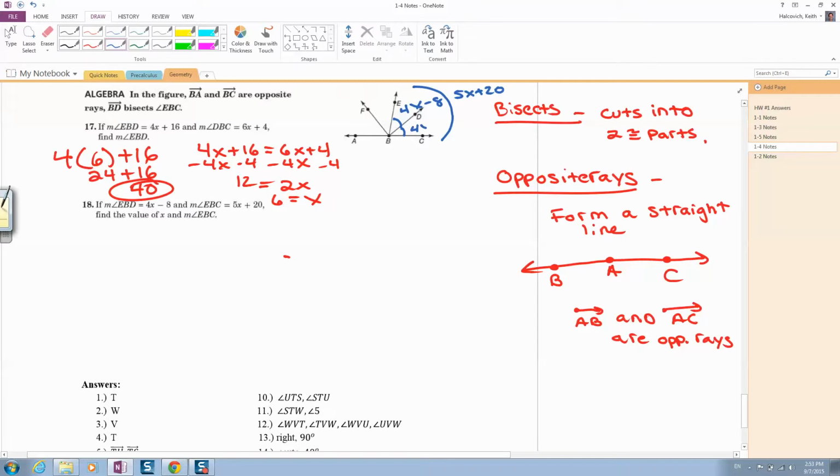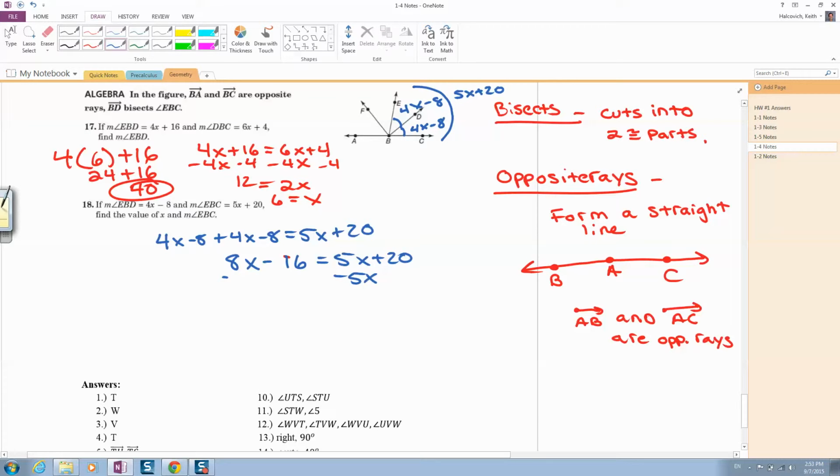So you know this is also 4x minus 8. So 4x minus 8 plus 4x minus 8 is equal to 5x plus 20. So you have 8x minus 16 is equal to 5x plus 20.